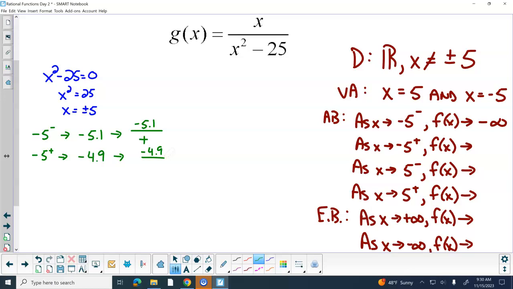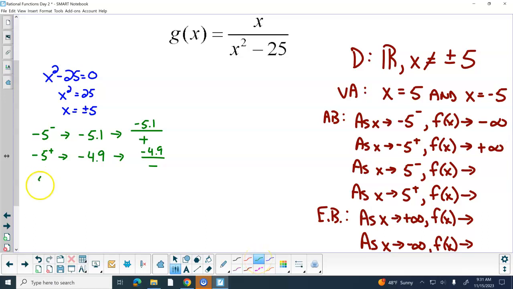Would be like 24.8-ish. Okay? So then that minus 25 is going to be negative. A negative divided by a negative is a positive. So that one's going to be positive infinity.